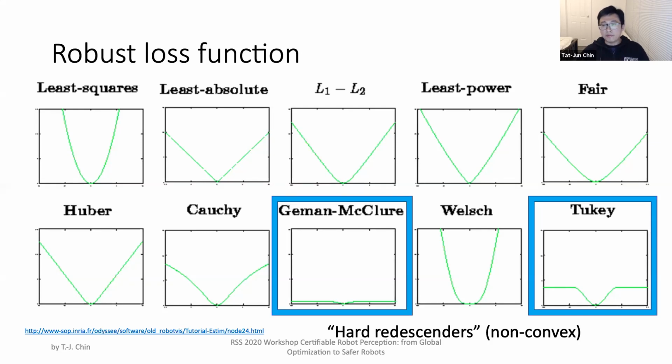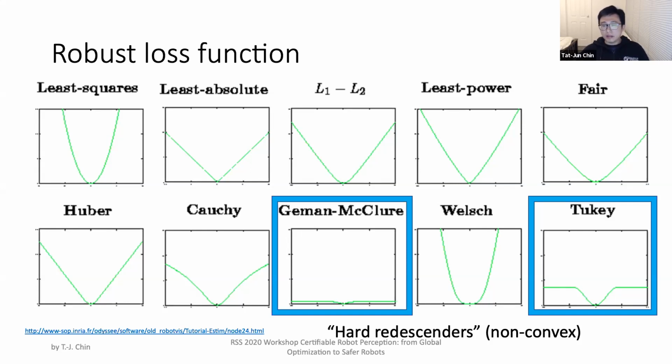The ones that I highlight in the blue circles are called the hard redescenders, because as the error goes further away from 0, up to a point, the loss function rho starts to stay constant. They don't increase anymore. Hence they're called hard redescenders.